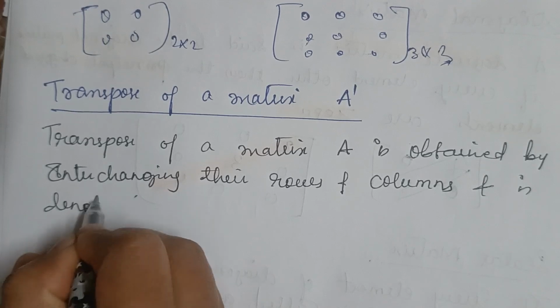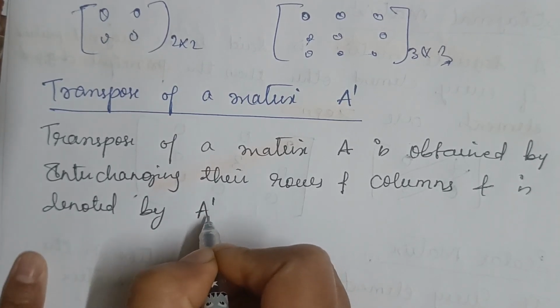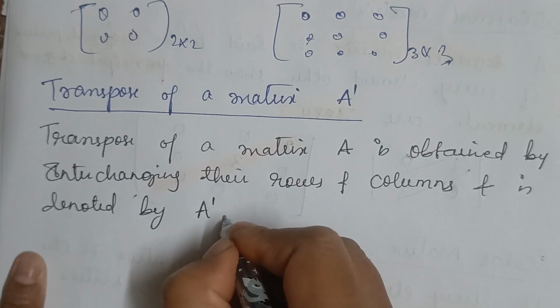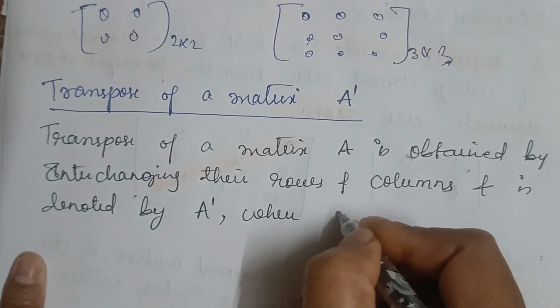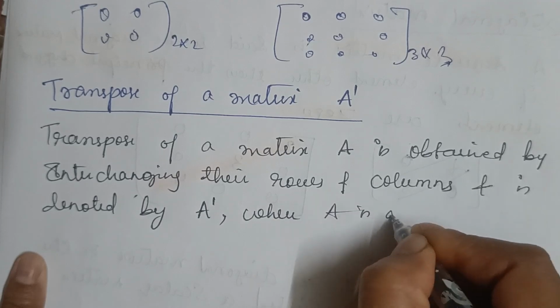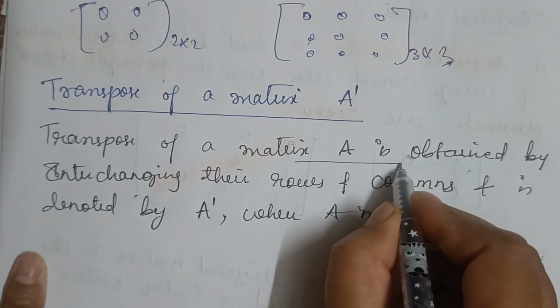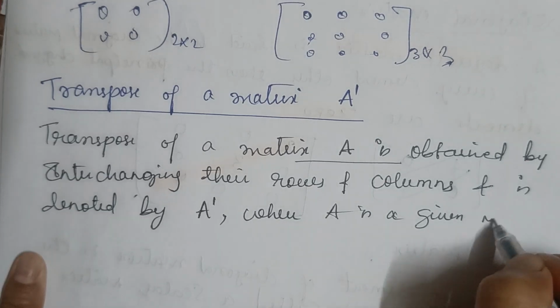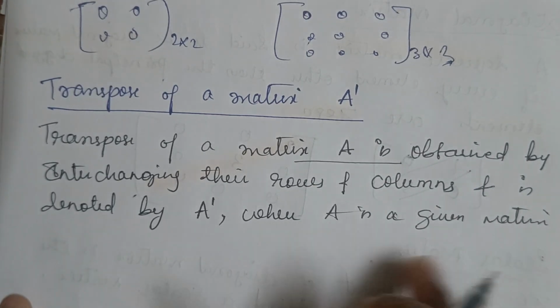And it is denoted by A dash, that is A transpose, where A is a given matrix. I hope you understood this much.